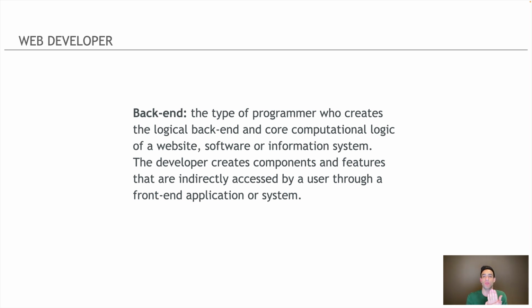For instance, with Facebook, you don't get to see the backend programming, the functionality. If you were to click a button, you're not going to see how that button will take you from profile to the messenger. That's the backend.